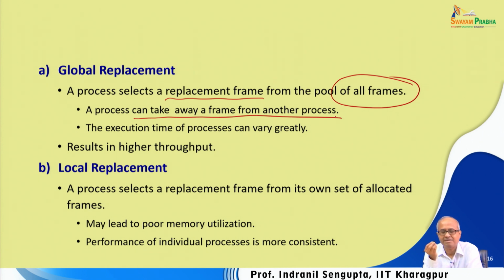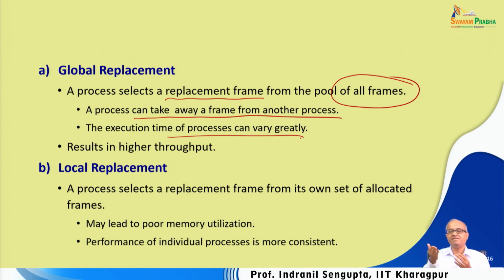Because of that, the execution time can vary greatly. For example, you run your process once, and it takes a certain time t1. The next time you run it, maybe another process is running which is taking away pages from you, so there will be a lot of page faults in your case.